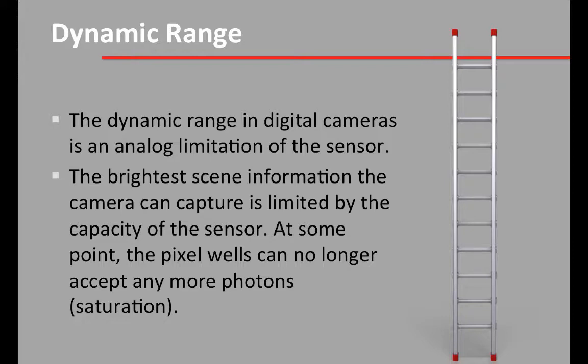So the way the sensor works is an analog response to light. It converts light energy into a current. The more light energy, the more current. Except there's a limit to the actual current that can be produced.